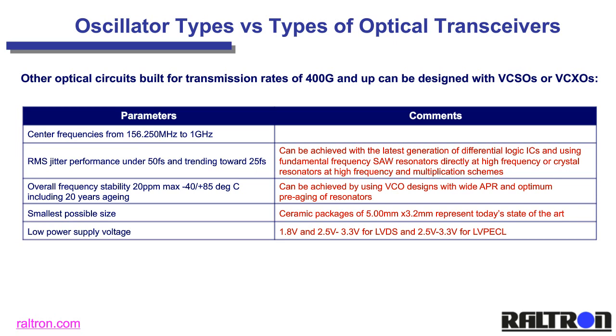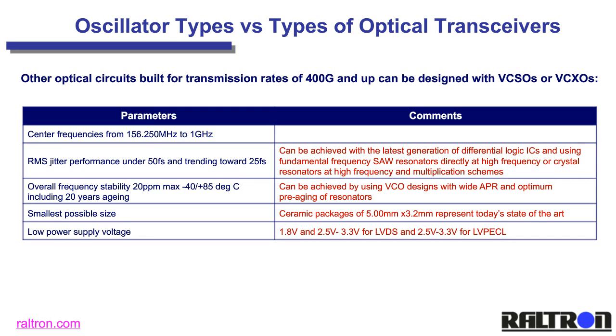And again, the requirements are similar. The jitter must be, in this case, 50 femtoseconds and trending toward 25. And the overall stability, again, can be 20 ppm. Now, the jitter can be achieved much better. A much better jitter performance can be achieved by using voltage control SAW device oscillators, VCSOs.